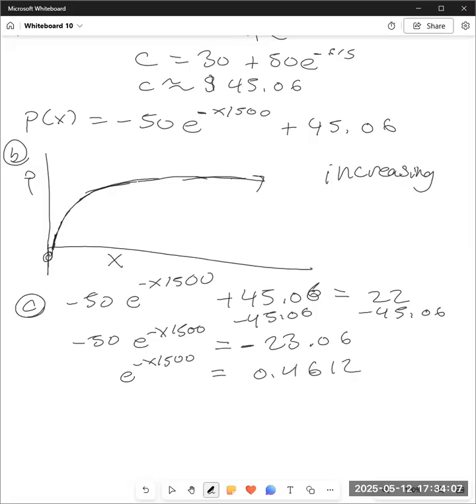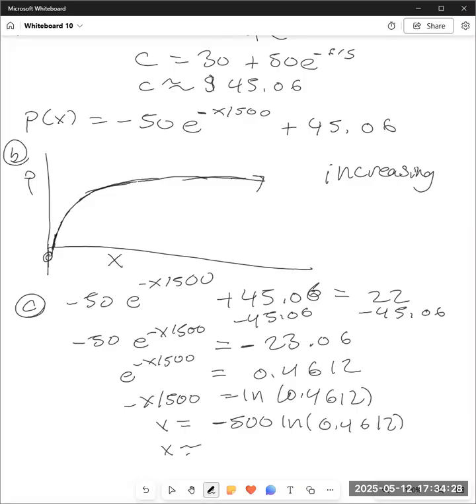And then I take the natural log of both sides. And then I multiply by -500. And I round to the nearest unit of demand, because I have to have whole units that I sell, I can't sell a fraction of a unit, and I get 387 units.